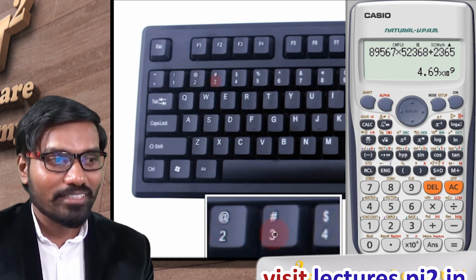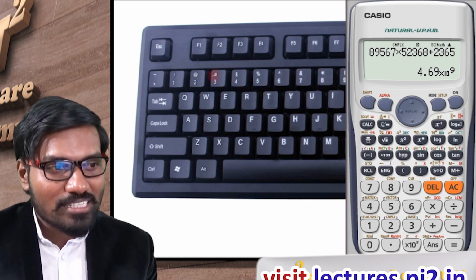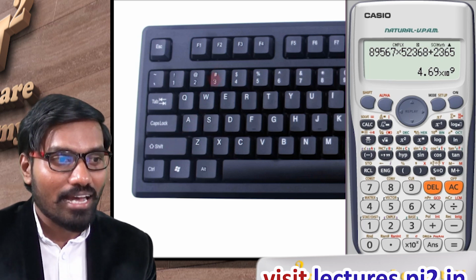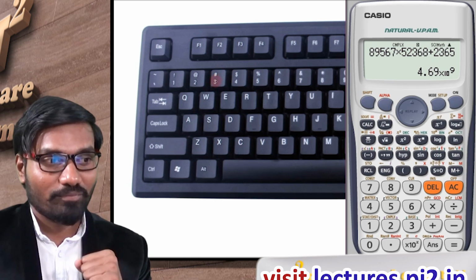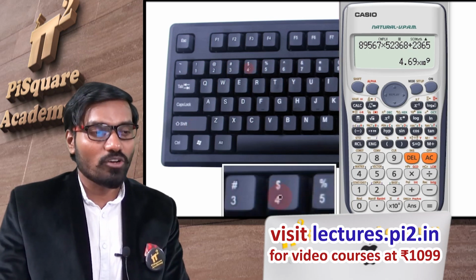This key can give number 3 as well as hash. How to get this hash? By holding Shift and pressing this 3, you will get hash instead of 3. So Shift plus this will give us hash, and Shift plus 4 will give us the dollar symbol.